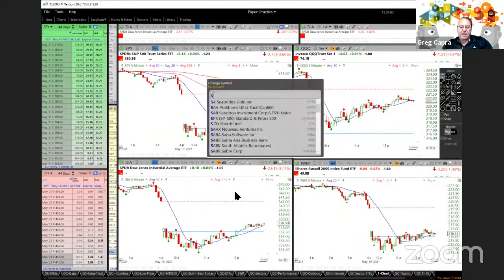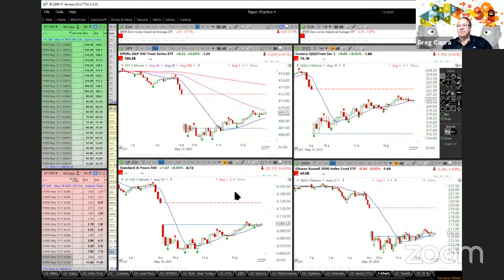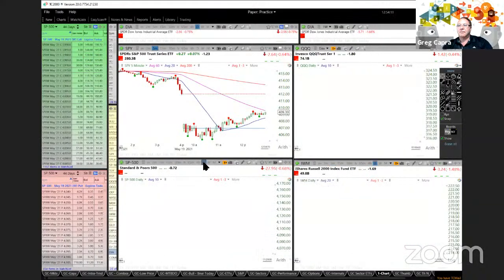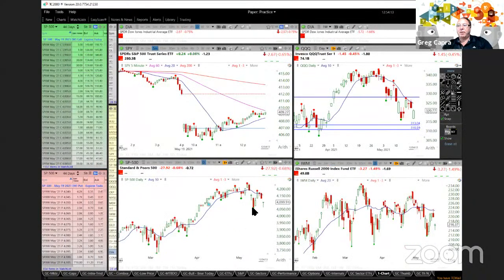So with SPX, besides the patterns, there's a pivot low down there.